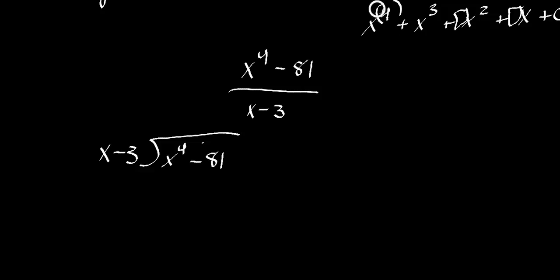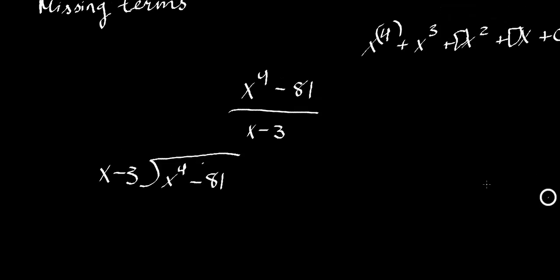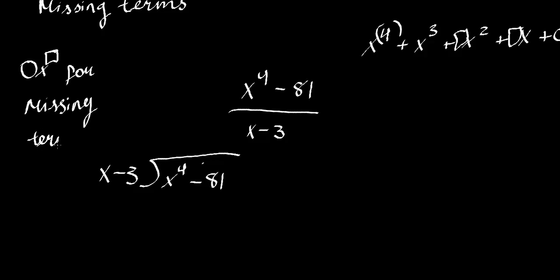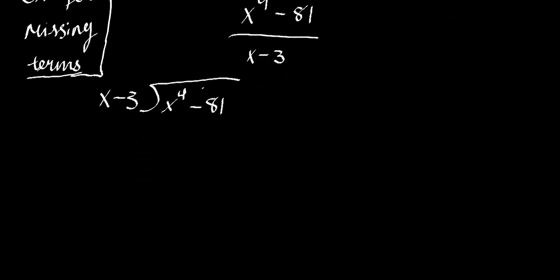But when you don't have this 4, 3, 2, 1, you need to fill that in by writing 0x to that power for any missing terms, basically. I'll explain this with the example, don't worry. For missing terms, it's the first time, I know, but it'll make sense as you go on with practice.